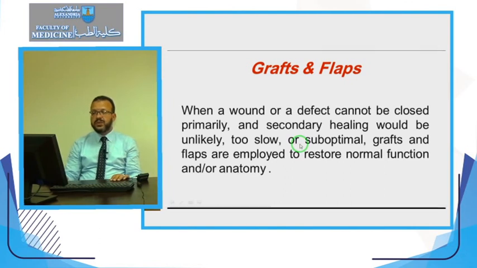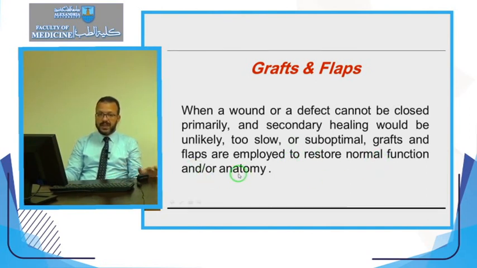About grafts and flaps: when a wound or a defect cannot be closed primarily, and secondary healing, which is the first step in the reconstructive ladder, would be unlikely, too slow, or suboptimal, grafts and flaps are employed to restore normal function and or anatomy.